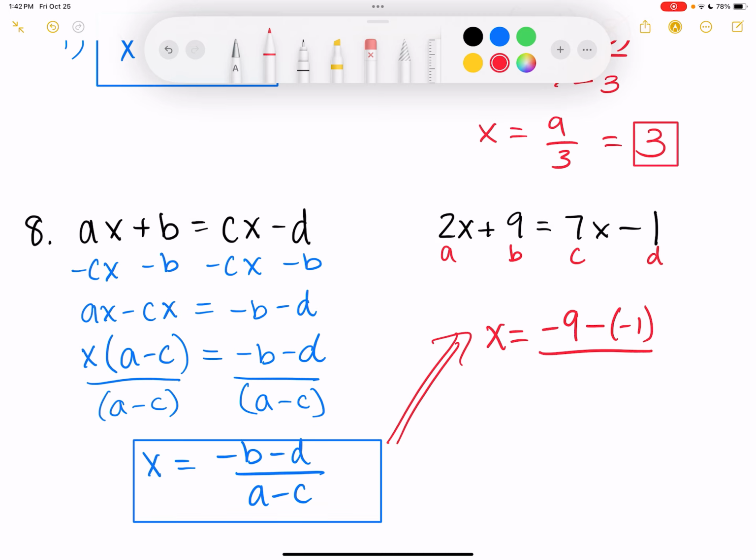Divided by A, which is 2, minus C, which is 7. So up here, this is really negative 9 plus 1. Negative 9 plus 1 is what? Negative 8. And then 2 minus 7 is? Negative 5.